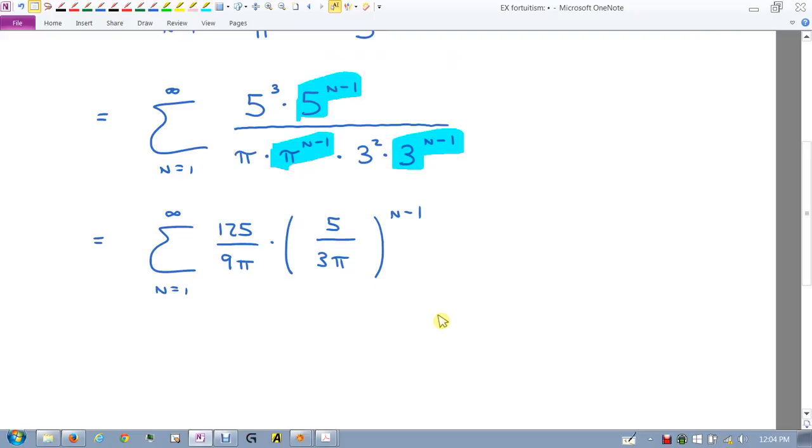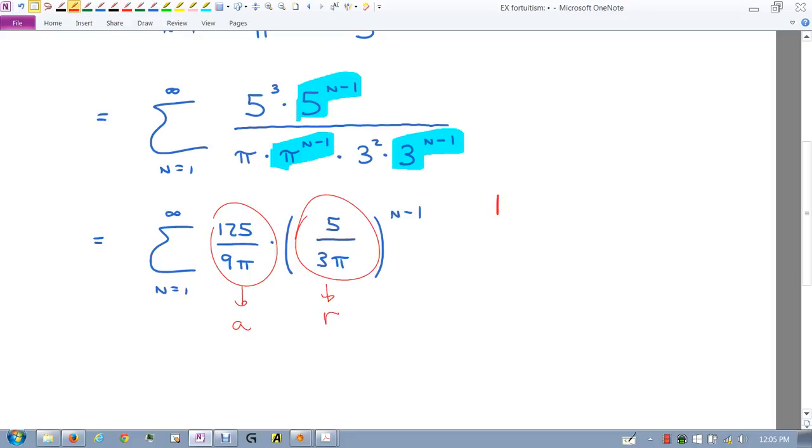Questions? Are we there? Do you see an A and an R? Yes? Here's your A. Here's your R. This is only going to converge if the absolute value of R is less than 1.